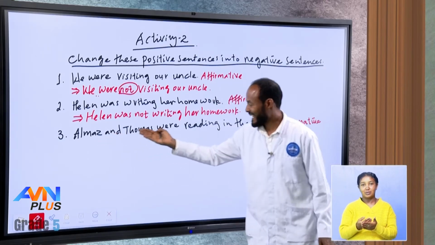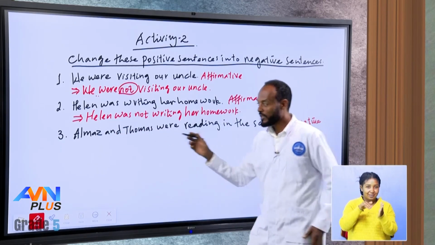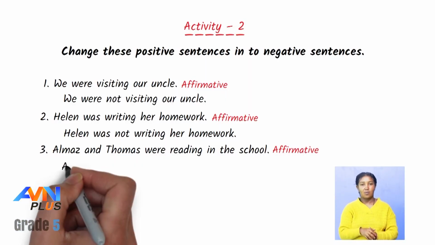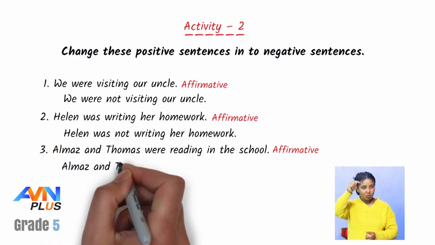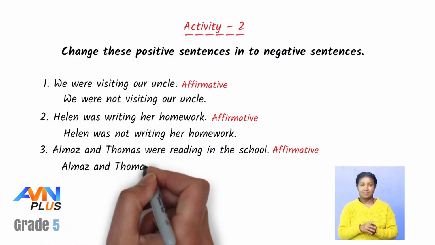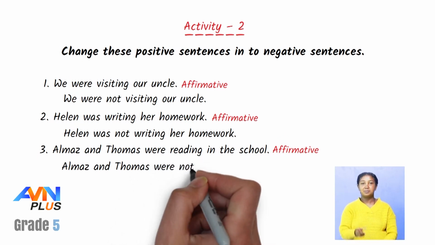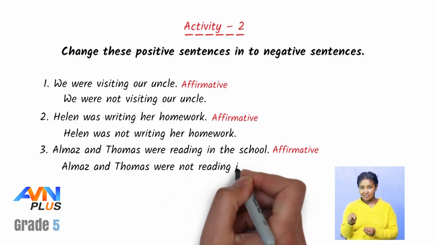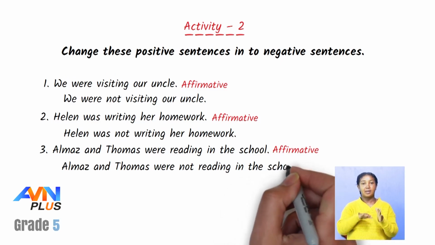So, Almaz and Thomas were reading in the school. The subject should be written just as it is. Almaz and Thomas were not, because they are two, were not reading in the school.